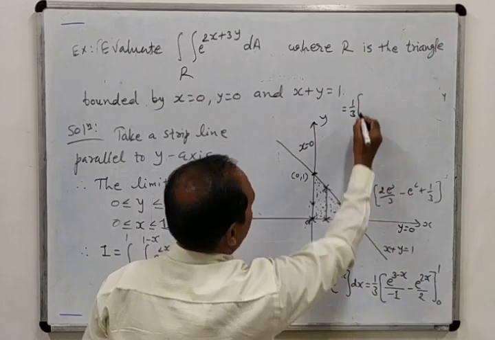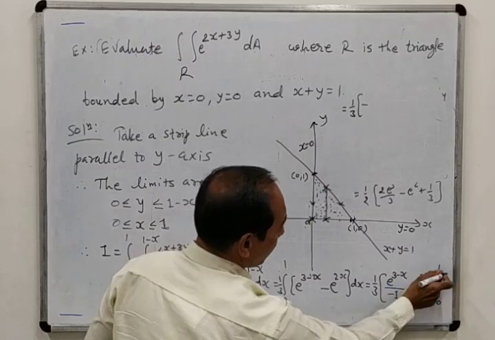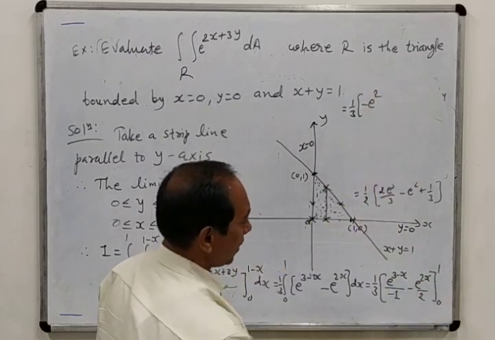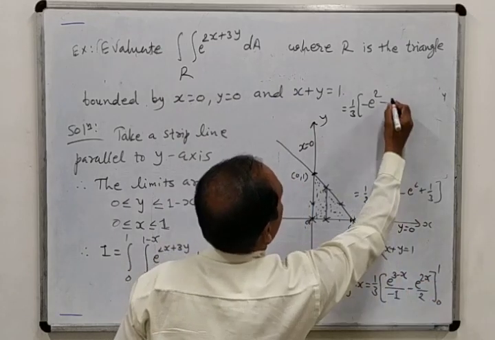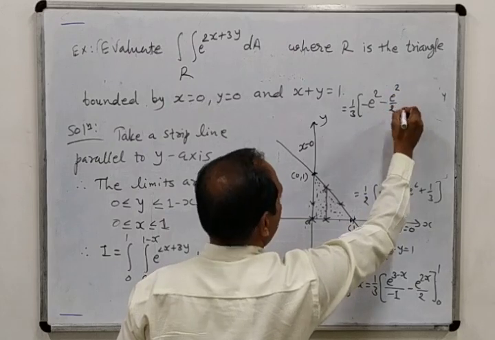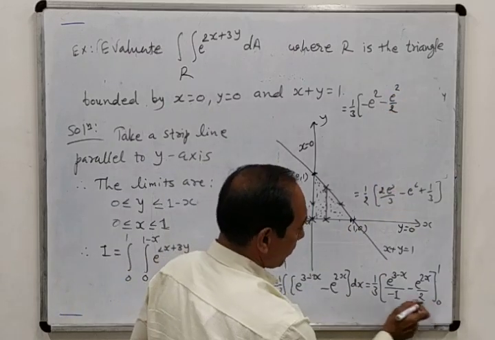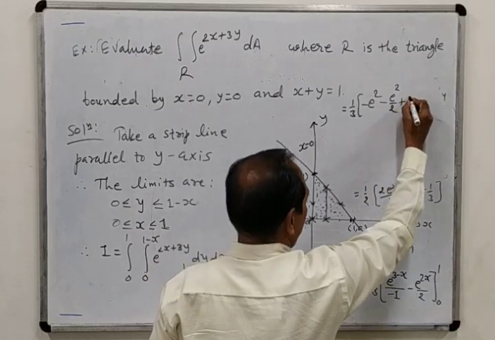Minus 1 is here, so minus I will write over here. X equal to 1 if we put, it is e square. Minus, here if we put x equal to 1, it is e square by 2. Then we will put 0. Then 1 minus sign will come. Here 1 more minus sign is there, so it will become plus. So e cube.